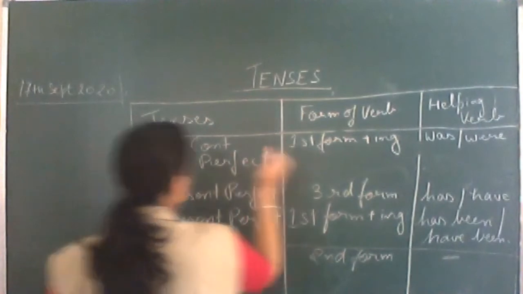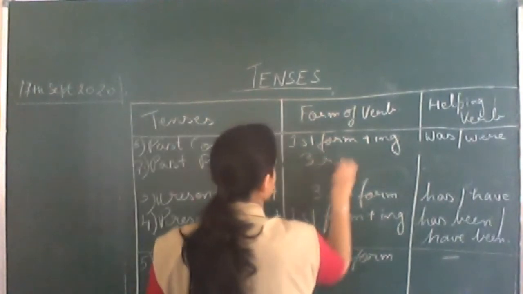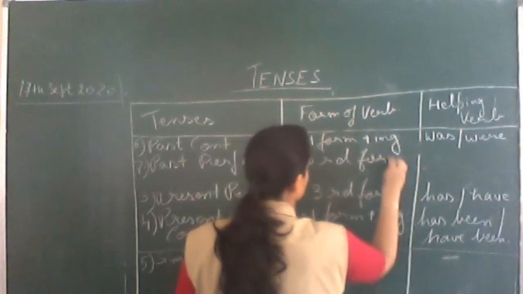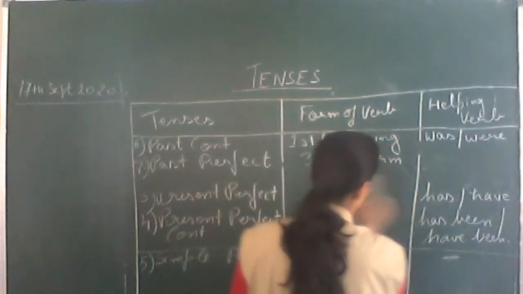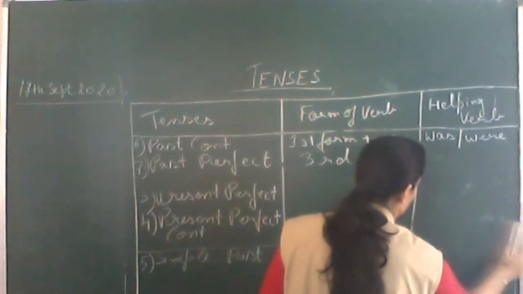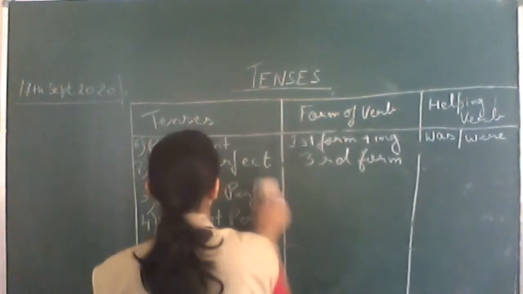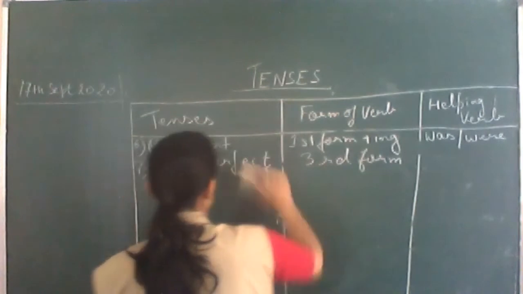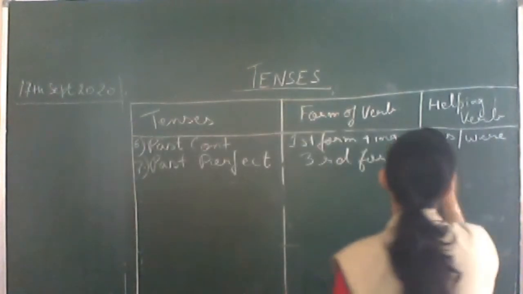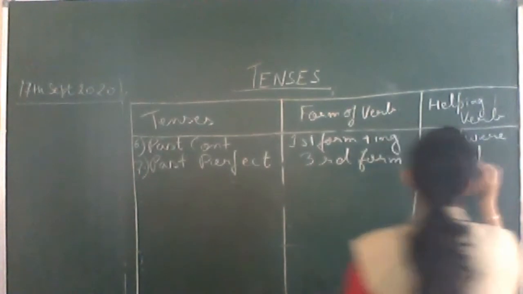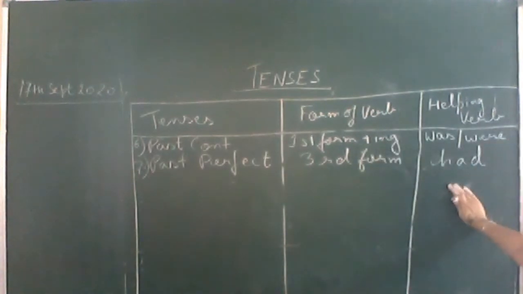In past perfect we use the third form, and we use had. This had is the only helping verb we use in past perfect. It is used for singular as well as for plural.